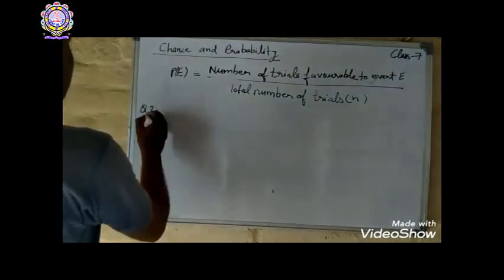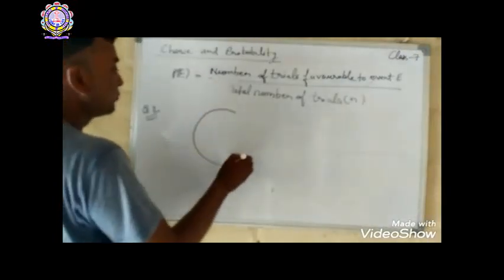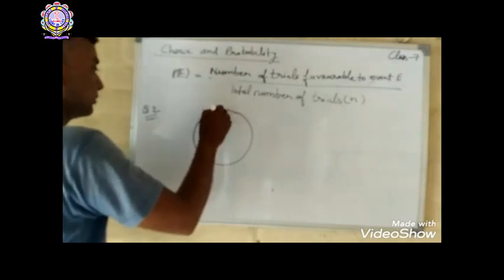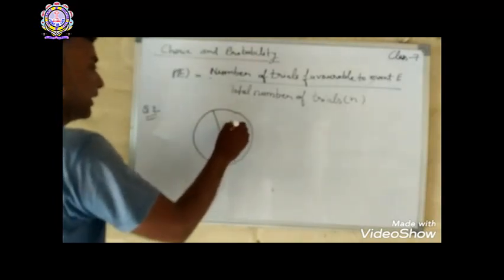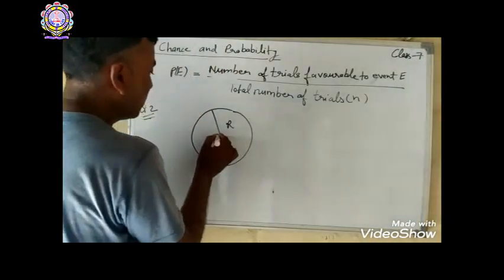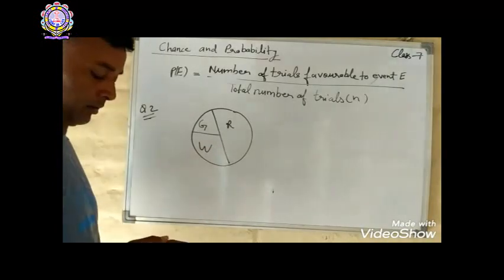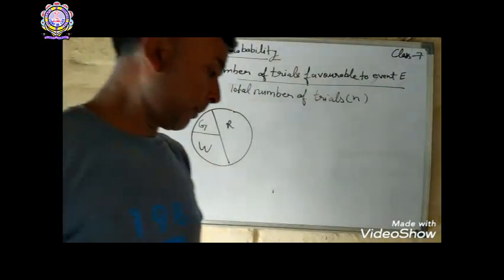Now question number 2. The colors given are red, green, and white. There are 3 colors.